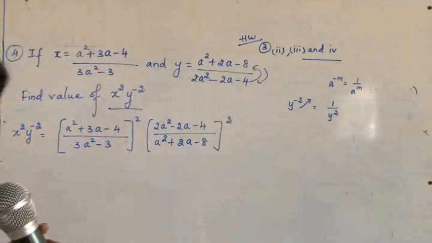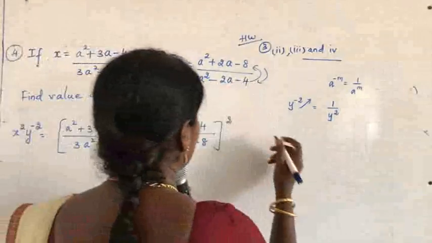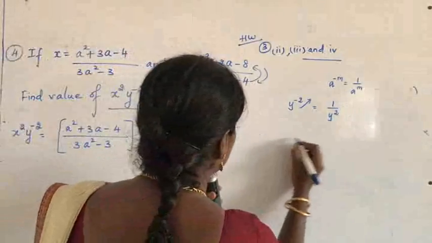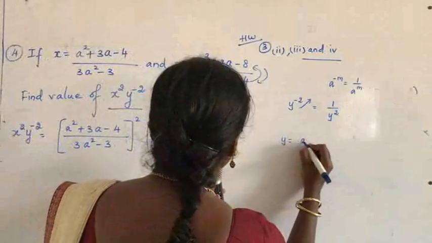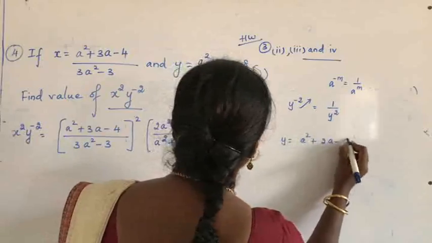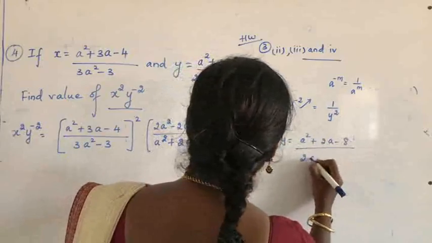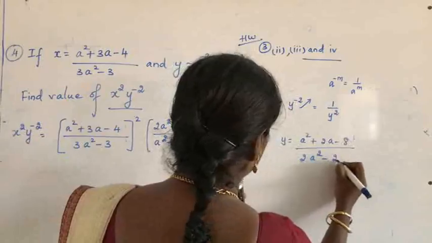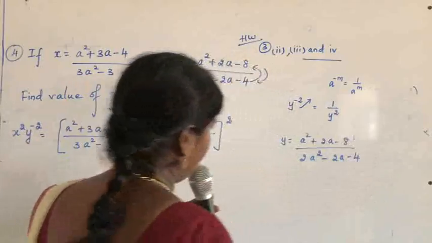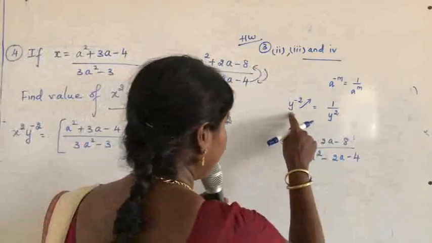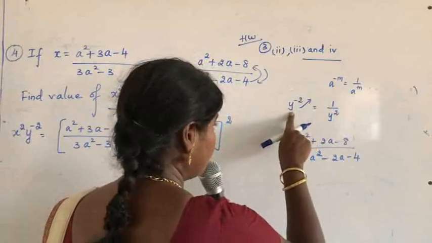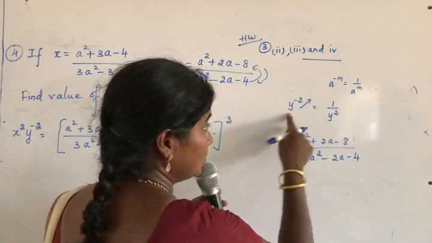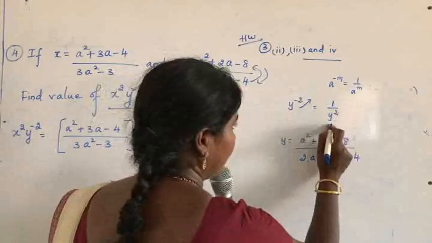I hope the sum is clear to you. We'll have a small check. Now y, so actually what is y? Y is a square plus 2a minus 8 upon 2a square minus 2a minus 4. Now what do we have to find out? We have to find y raised to minus 2. But what is y raised to minus 2? It's 1 upon y square.